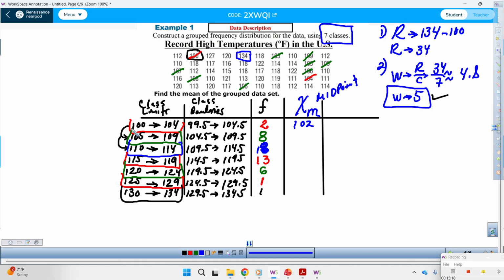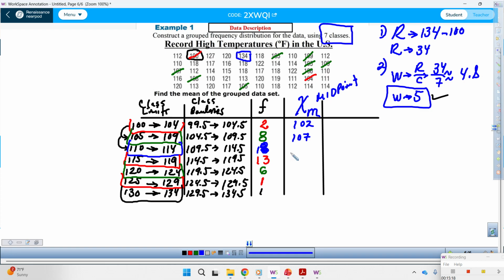Aaron, enlighten everyone. How do we find the midpoint of 2 limits? Yes, between 105 and 109, but how do we find it? You add the 2 limits and divide by 2. Yes. Next midpoint, Franco. 107.